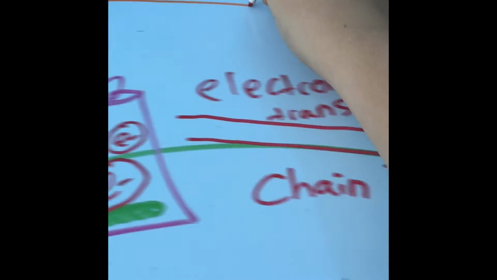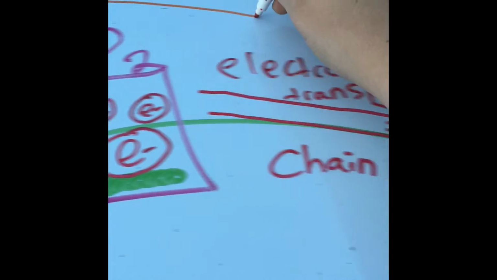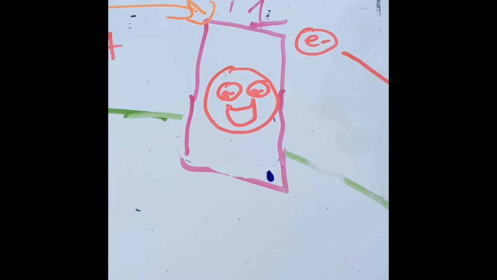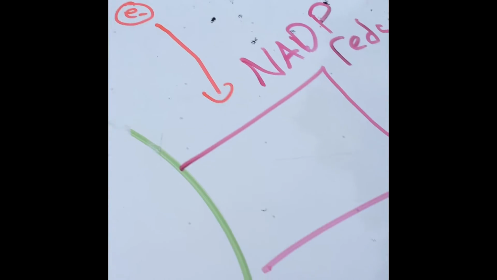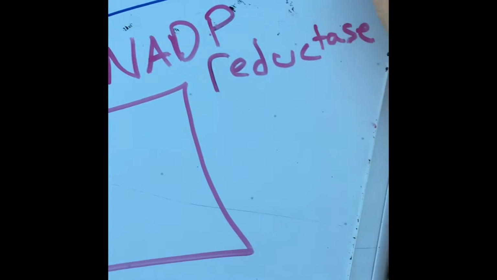Now, by the time the electrons reach photosystem 1, they have lost a lot of energy. Luckily, the energy from the sun can recharge these electrons. Now excited again, the electrons travel to something called the NADP reductase.